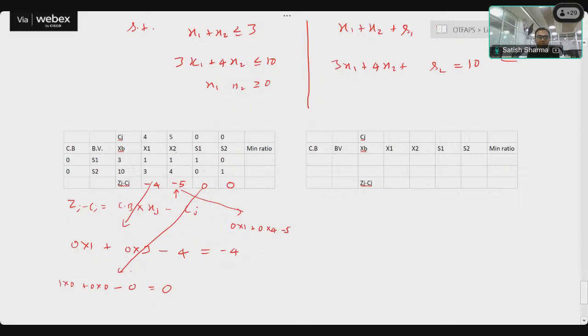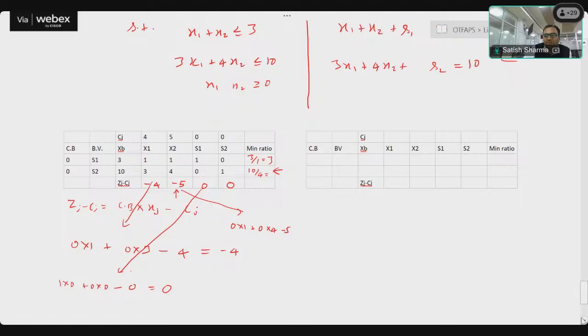So this part is basically my minimum value. So I will keep this column available and I will do xb upon x2. So xb upon x2 is here 3 by 1, which is 3, and then it is 10 by 4. Okay. And if you look at the minimum of these two, this term is minimum.